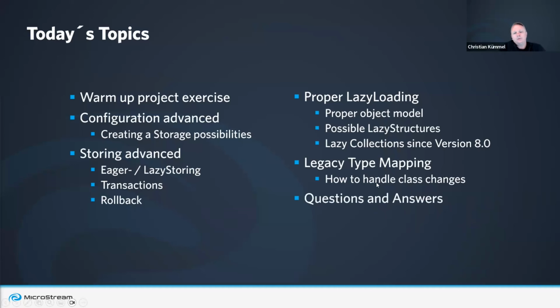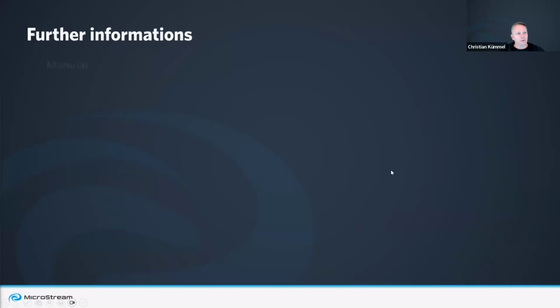I also want to talk about backups, how to create backups, and what the best practices are for handling backups. And last but not least, we have a lot of questions and answers in the end. I think that's enough for today. Let's see how to go through all those topics.